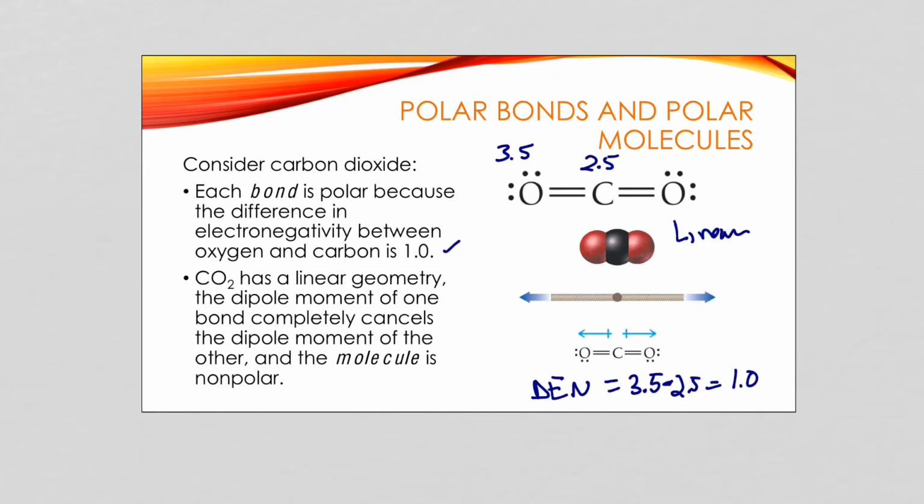This molecule has a linear shape, and it has these dipoles pointing in opposite directions with exactly the same difference in electronegativity. So in essence, these 2 dipoles will cancel out.